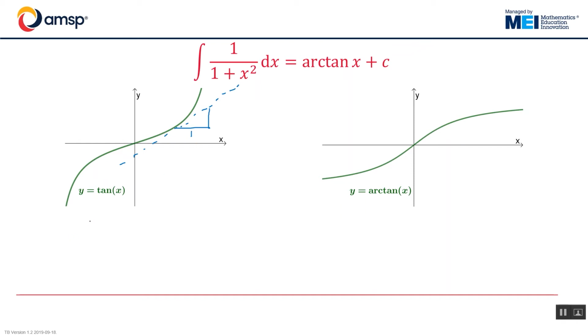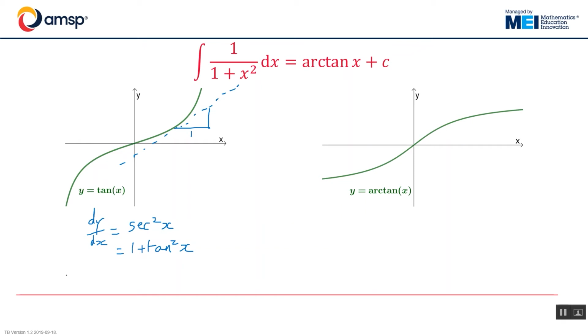Well, if y is tan x, then dy by dx is going to be sec squared x, which can also be written as 1 plus tan squared x. And the reason I'm doing that is that we can observe that tan is the y value.